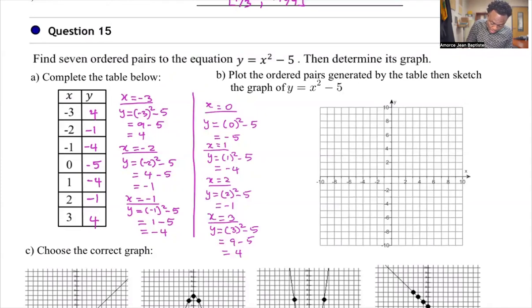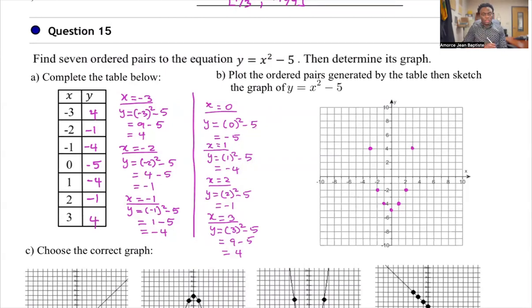So we start with -3, 4, -2, -1, -1, -4, 0, -5, 1, -4, 2, -1, and then 3, 4.